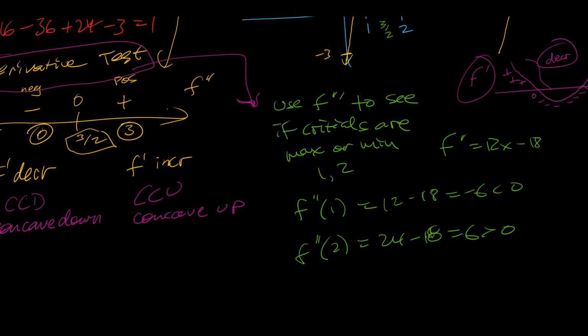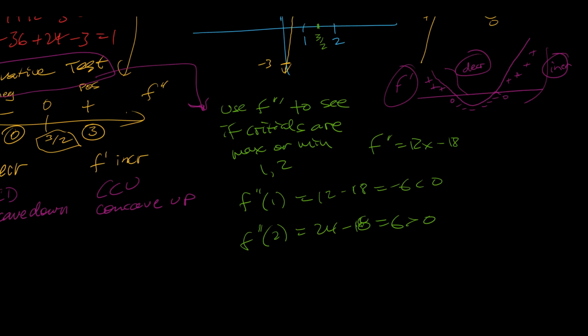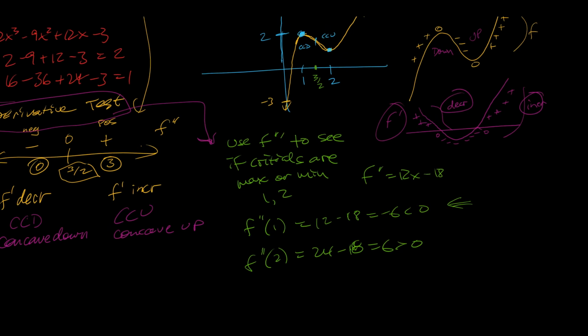So notice how it changes sign. It's different signs. So it turns out that if you plug the critical number into the second derivative and you get less than 0, that means that is a local min. And if you get greater than 0, that'll be a local max. Why?